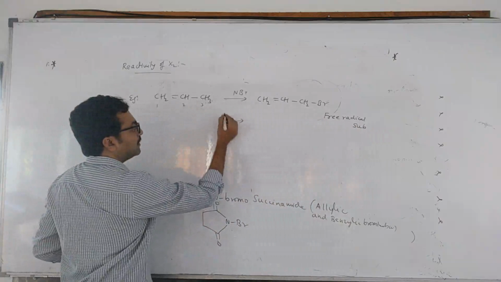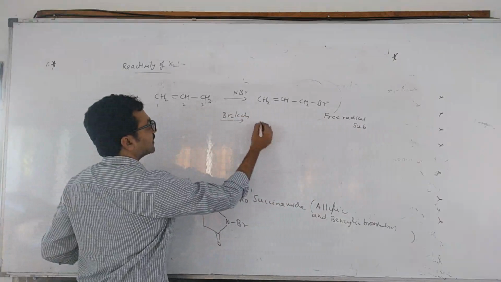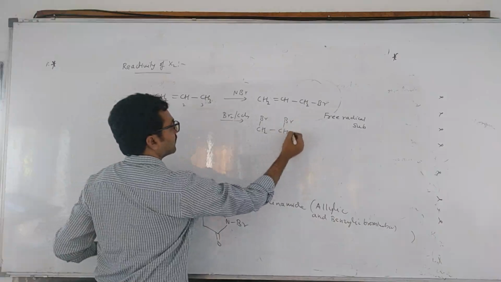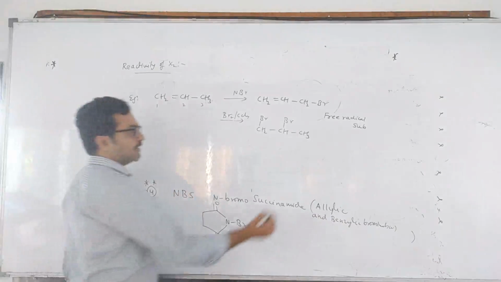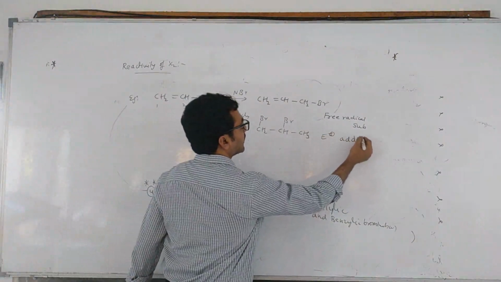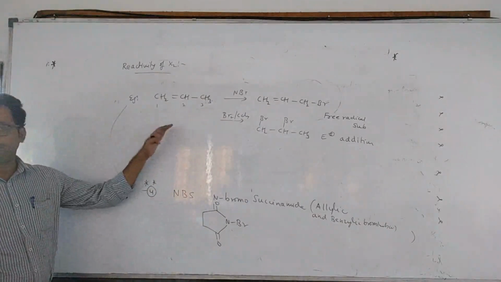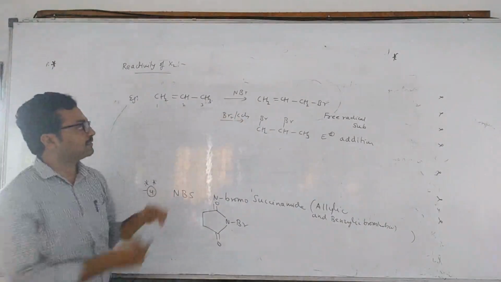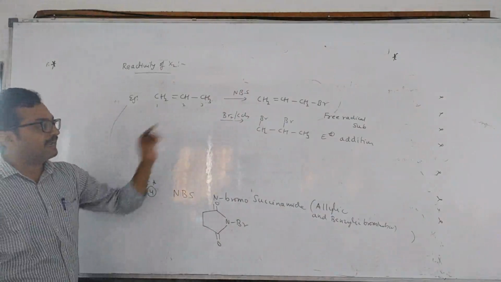Suppose if I give Br2 in CCl4, then which reaction is that? See, you ask the clues now, how to remember. Like this, compare and study, only then you can remember. This is electrophilic addition. It is not a substitution at all. And the product is also changing. With NBS, N-bromosuccinamide, you will get allyl bromide.